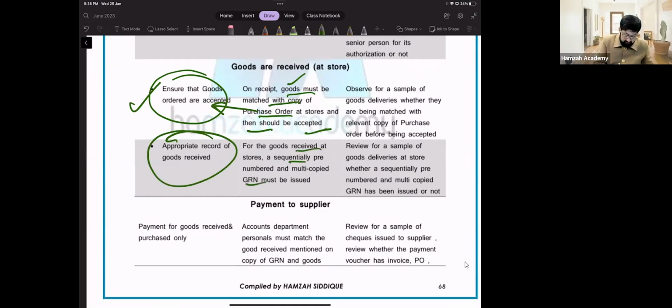Sequentially pre-numbered GRN, 4 copies. 1 sent to supplier, 1 kept at stores, 1 sent to accounts, and 1 to purchase department, so that they can have idea of goods received, order closed, order received.